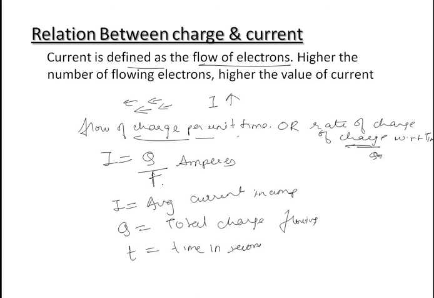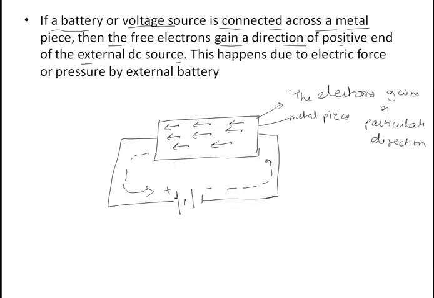By this equation we can see that I is directly proportional to the charge flowing through the device or conductor. So the more the charge, the more the current, and current is inversely proportional to time. The more the time, the less the current. So this is the basic idea of EMF and current.